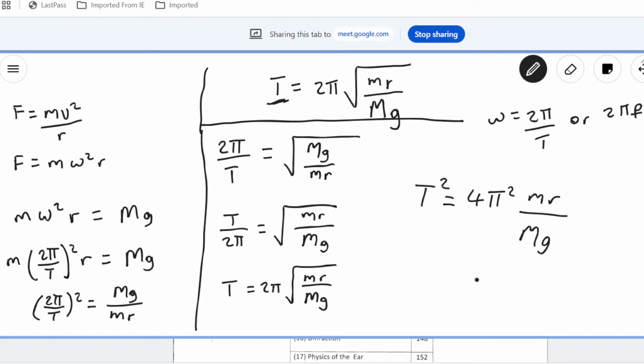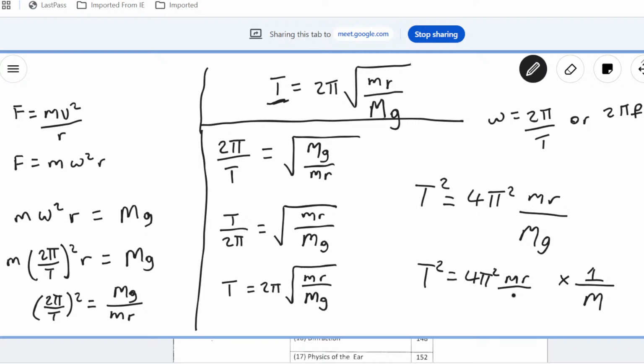So if we isolate 1 over m, it should be T squared equal to 4 pi squared m r over g, then 1 over m by itself.